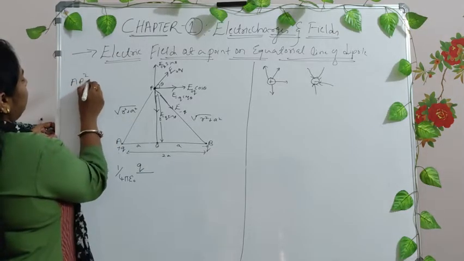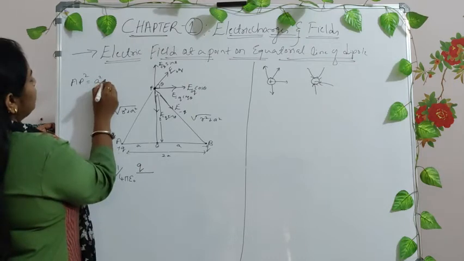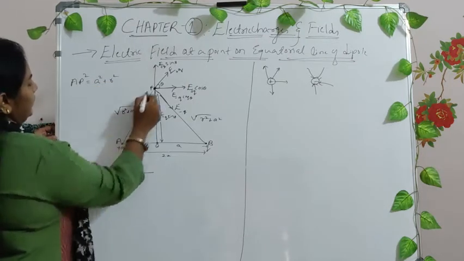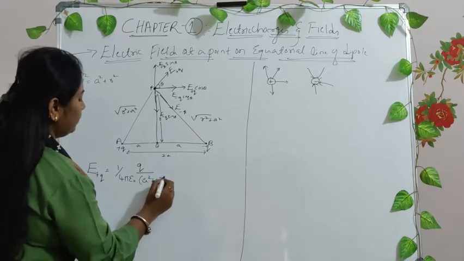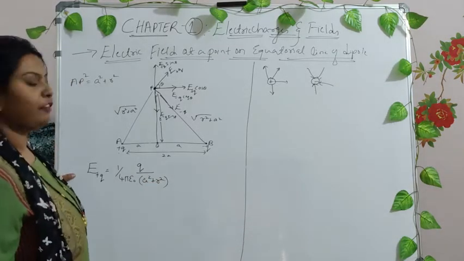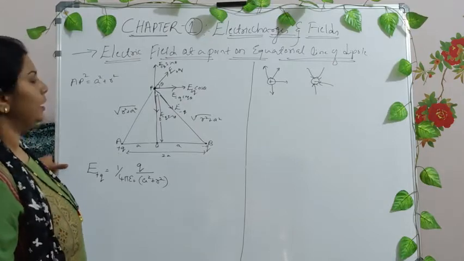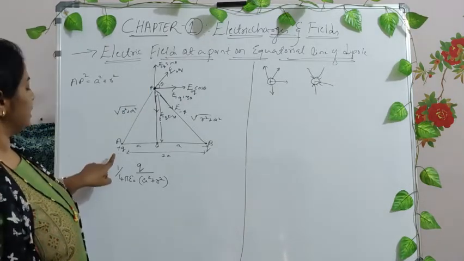AP square can also be written as a square plus r square, right? Now we will write only a square plus r square. This is the electric field at point P due to the positive charge.